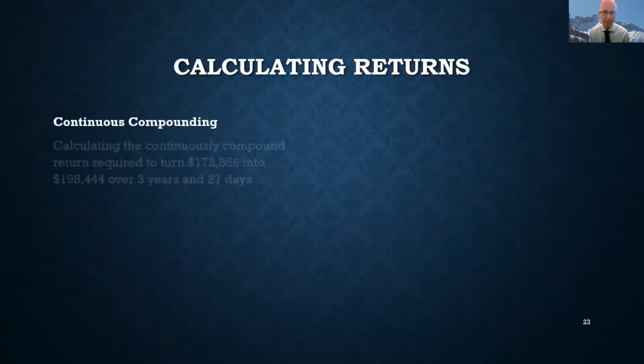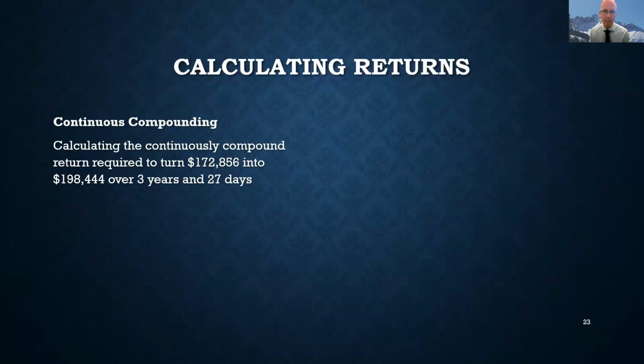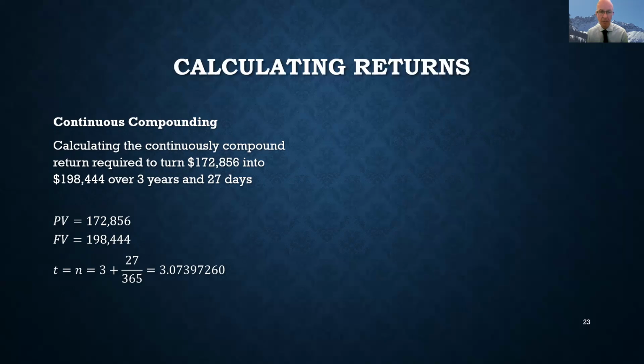So let's do an example. Calculate the continuously compounded return required to turn 172,856 into 198,444 over 3 years and 27 days. PV is 172,856. FV is 198,444. T equals N, which equals 3 plus 27 over 365, because it's 27 days, which equals 3.07397260.